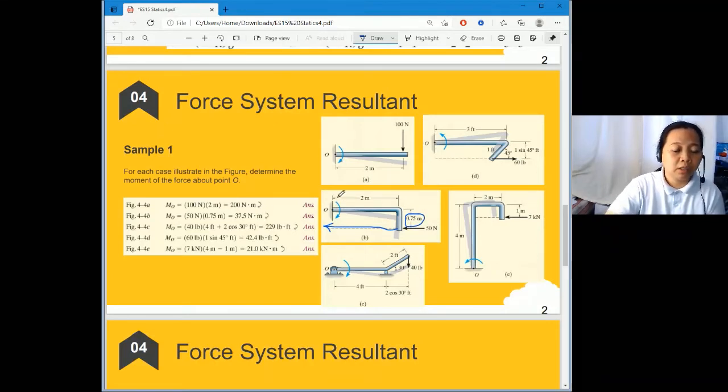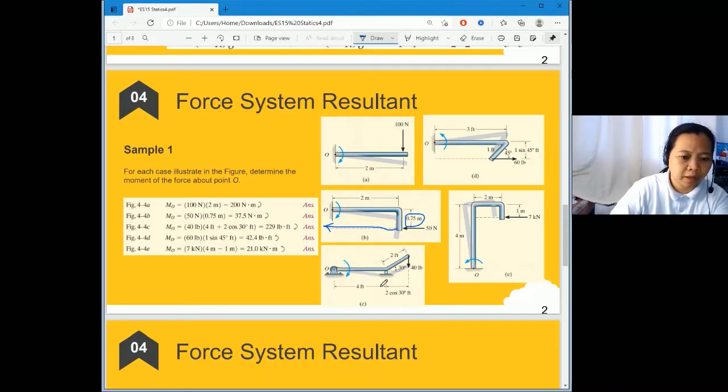You will not use 2 because it is not the perpendicular distance from the point of application to the point of analysis O. So, 50 times 0.75, you will get 37.5 Newton meter clockwise.